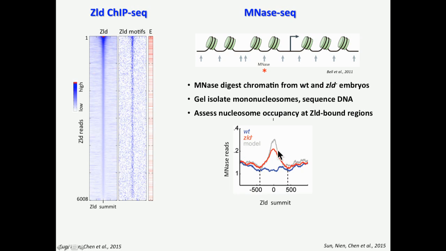Now, let me just point out this gray line here. This gray line is a prediction of whether the underlying DNA sequences at these regions favor nucleosome occupancy.